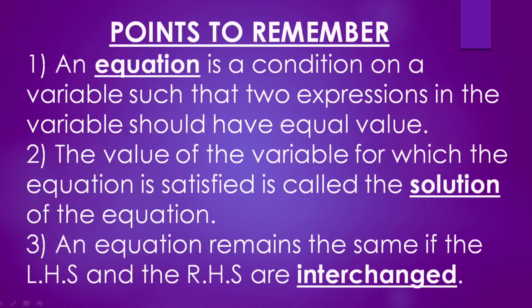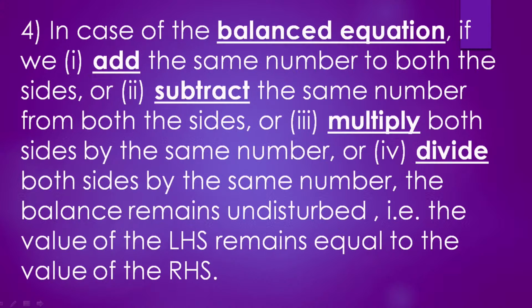Alright. So, here children, we have some points to remember. An equation is a condition on a variable such that two expressions in the variable should have equal value. And the value of the variable for which the equation is satisfied is known as the solution of the equation. And the third point you must remember is an equation remains the same if the LHS and the RHS are interchanged.